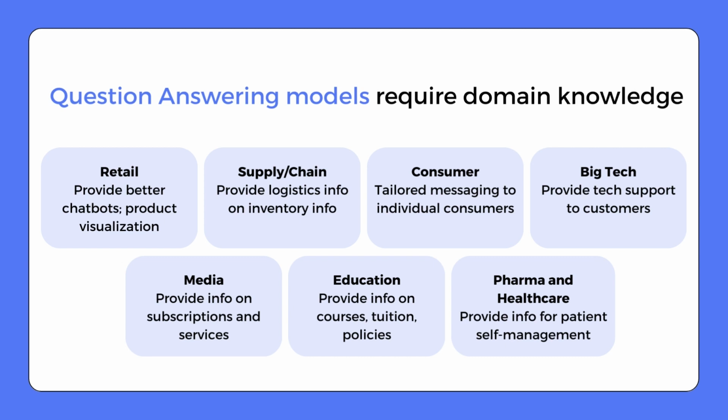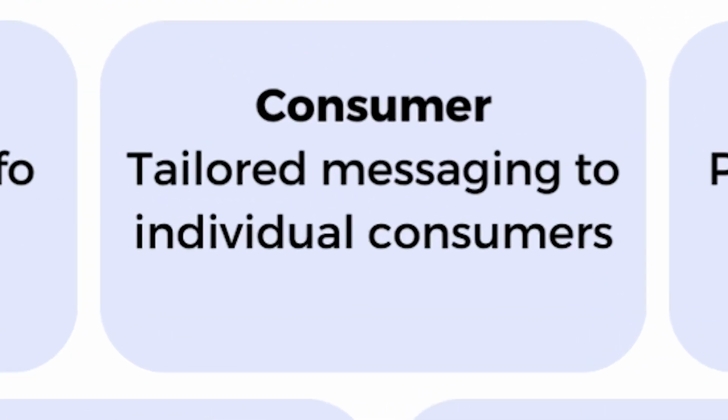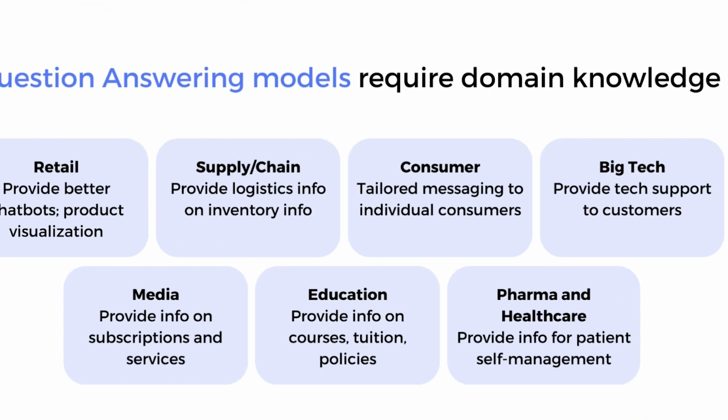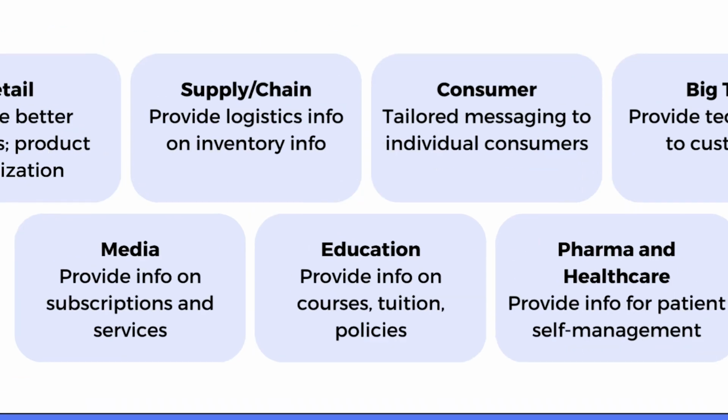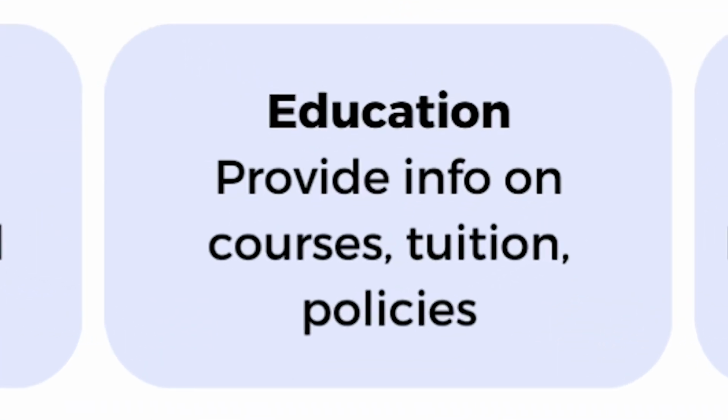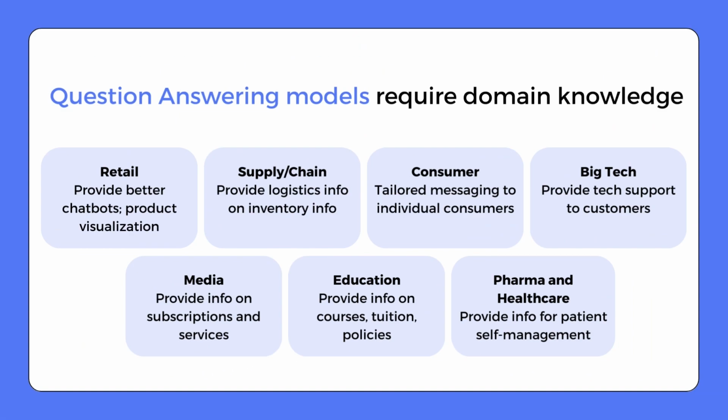Consider this. When you're developing a QA model for customer support, healthcare, or supply chain, domain knowledge becomes a critical requirement. In customer support, a domain tuned LLM could provide insightful information on subscriptions and services, ensuring your clients receive efficient AI assisted service. In the realm of education, these models can offer detailed information about courses, tuition fees, or academic policies.